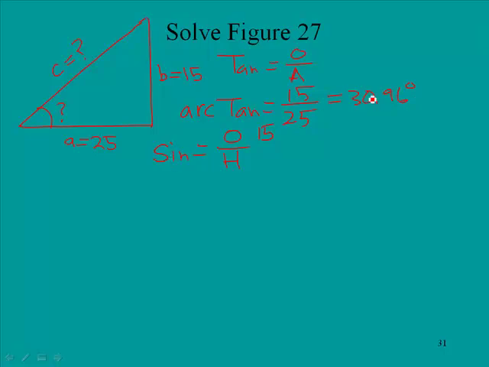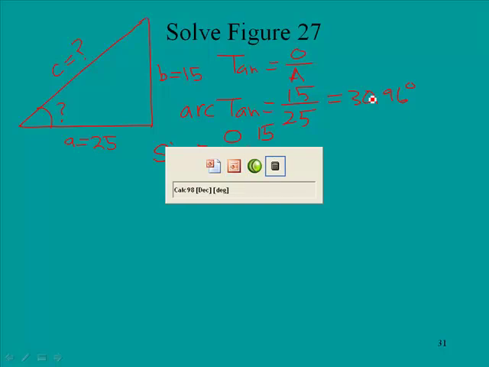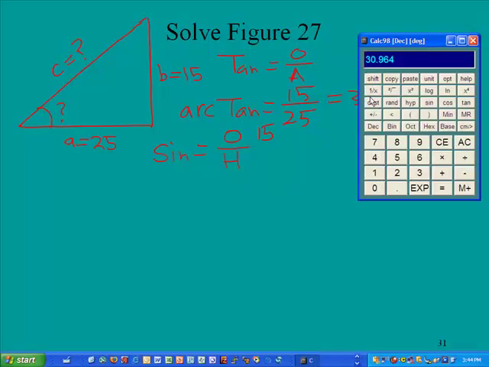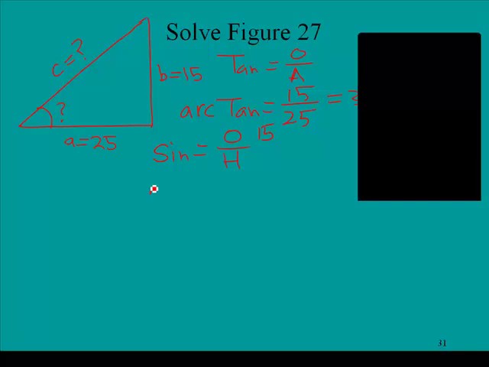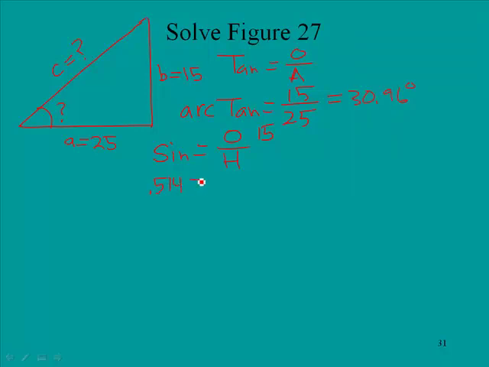So let's go with our calculator, using the value we've already got, 30.96. Let's get the sine of that, and that is 0.514. So 0.514 equals 15 over H, and we're solving for H.